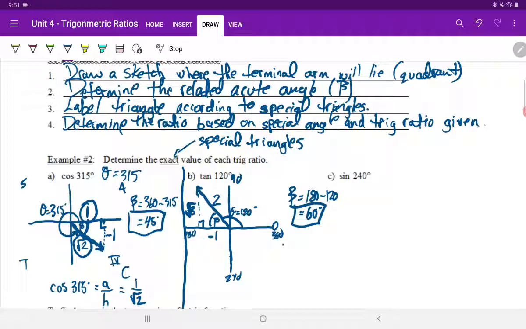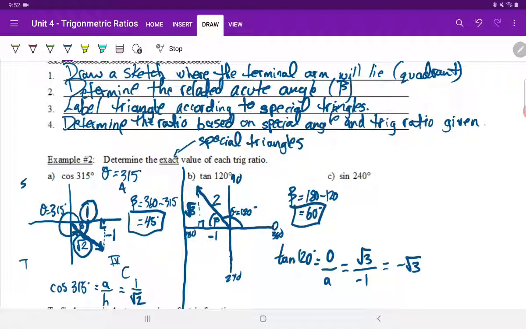Now, let's take the tan. Tan of 120 is equal to opposite over adjacent, which is square root 3 over -1, which is equal to the negative square root of 3.